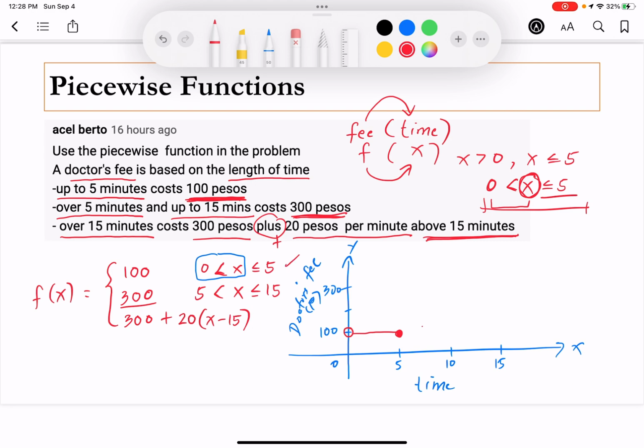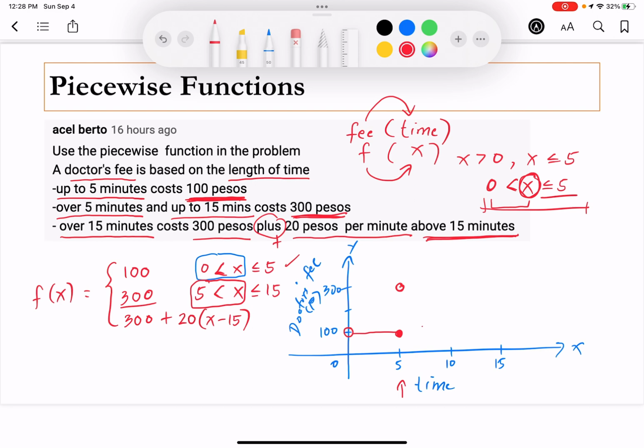This one. Yung second condition naman natin, if x is greater than 5, so nasa 5 pa rin tayo, yung bayad pag greater than 5 ay 300 pesos. So, 300. Pero dito, again, it's still a whole. Whole siya. Kasi, hindi naman equal to 5. Okay? Hindi siya equal to 5. It's just greater than 5.